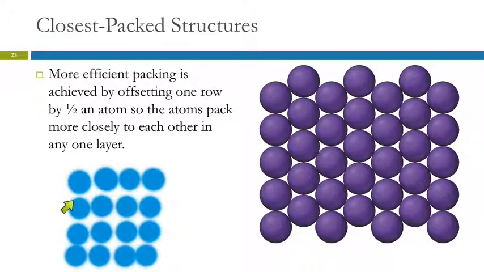So that's my representation. This would be the simple unit. So they're in rows and columns. And there's going to be more empty space there than when you offset the rows a little bit, because now they can get closer together.